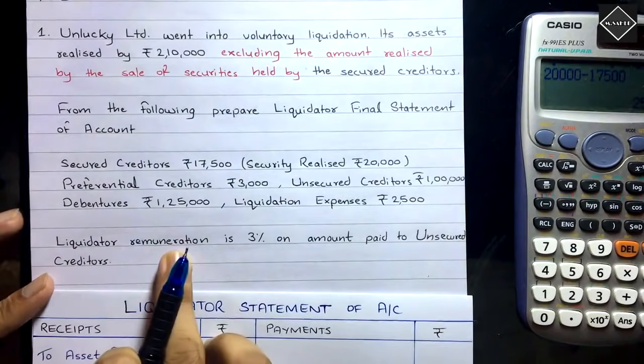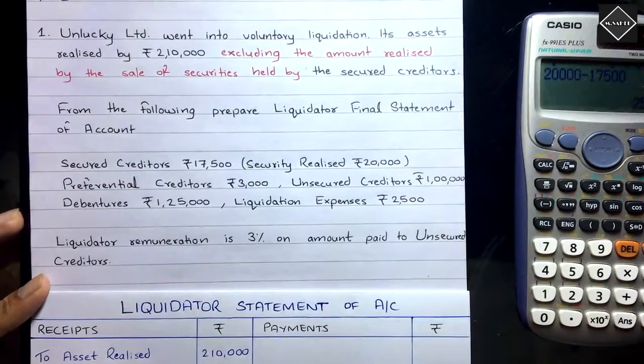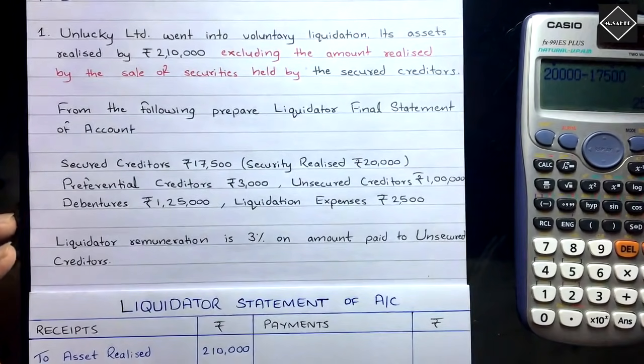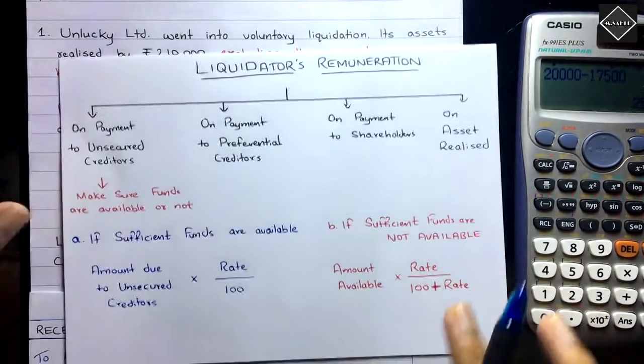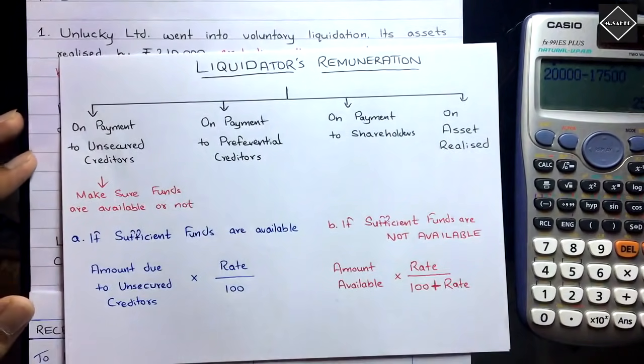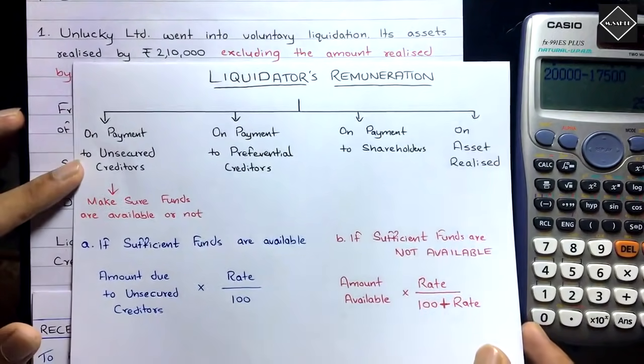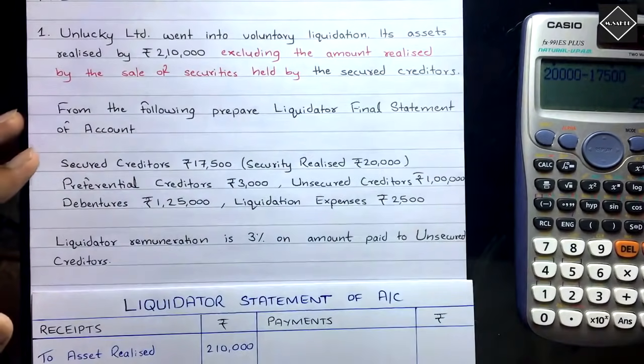See here, liquidator remuneration is 3% on amount paid to unsecured creditors. I have told you we have to be extra careful when the remuneration is on unsecured creditors. We have to make sure whether the funds are available or not. But we haven't made any payment to unsecured creditors, so we'll do that at last. So the remuneration also at last.